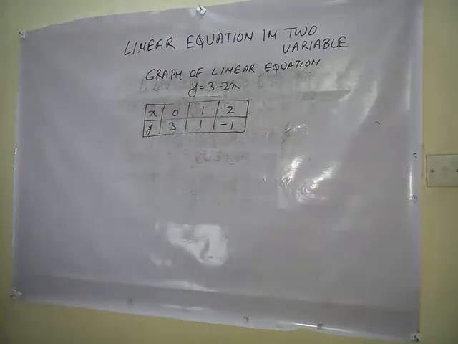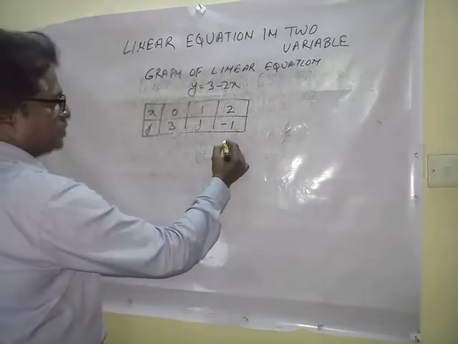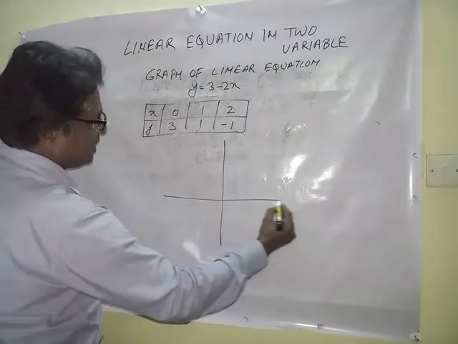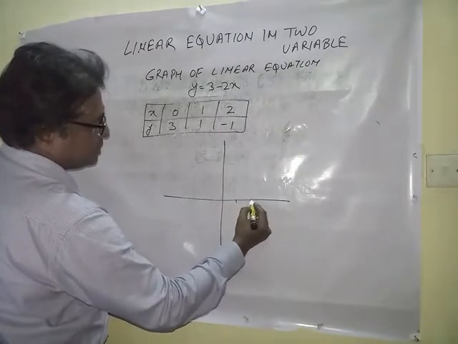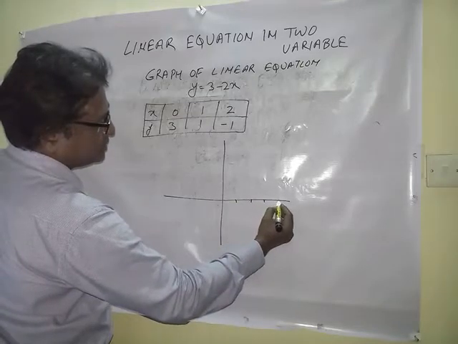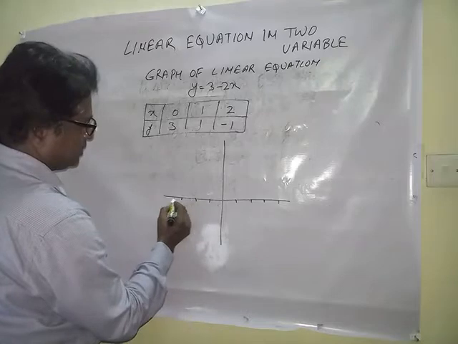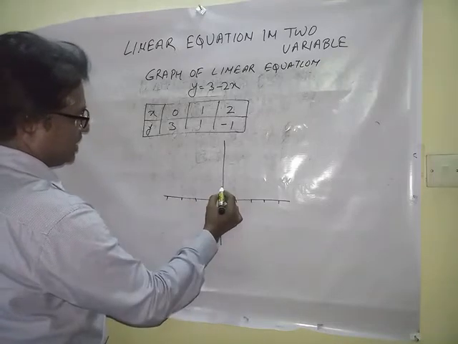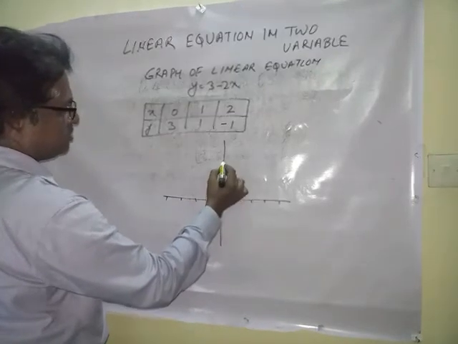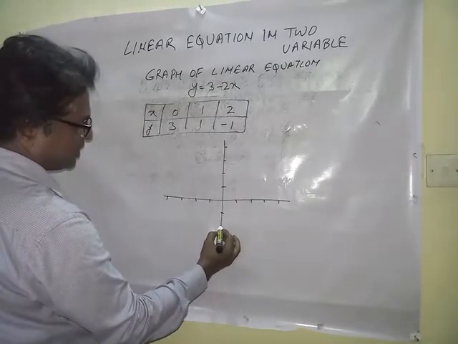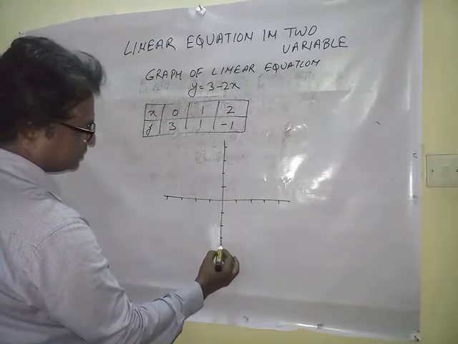Now to draw the linear equation, you have to draw x and y axis. This is the positive side, this is the negative side. We have seen it in a number line. This is the y axis positive side, this is the y axis negative side.